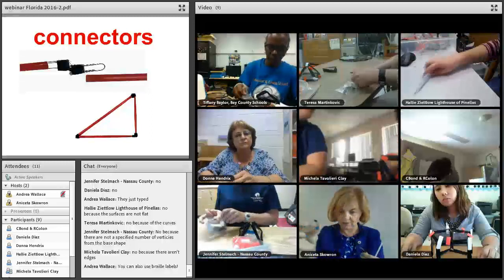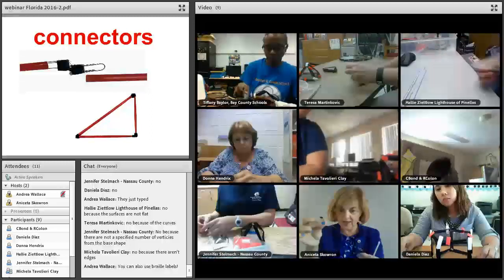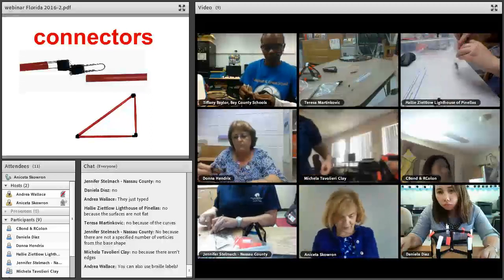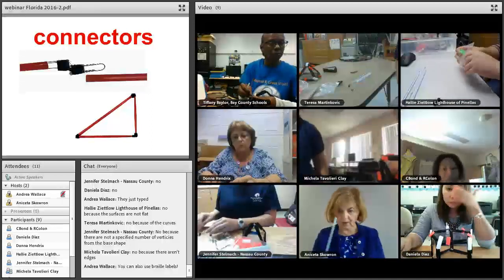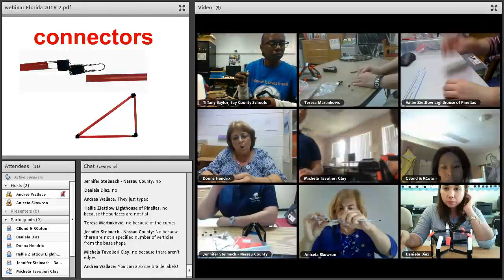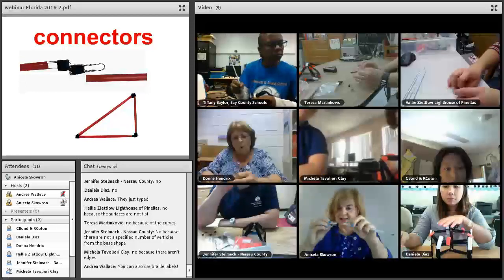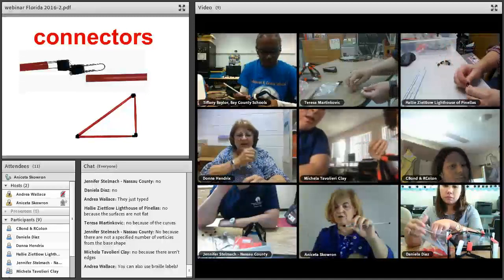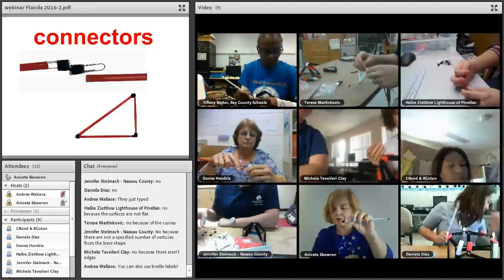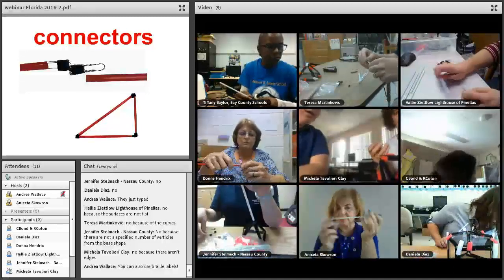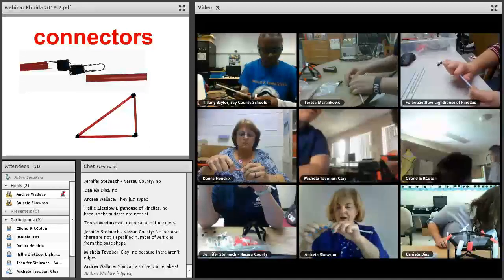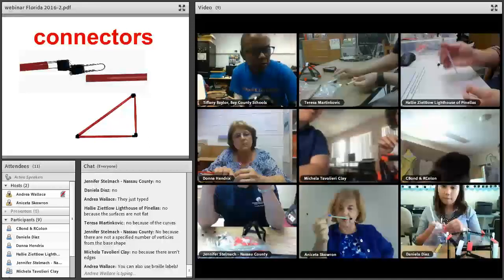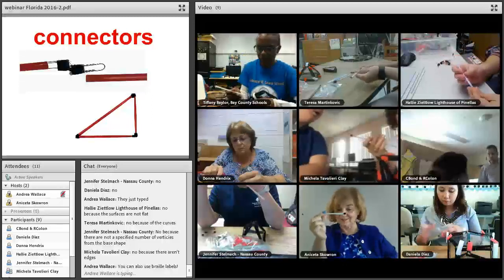So what you do is take a straw and insert the paper clip into the end of the straw. If you used loop on one end, you use hook on the other side.